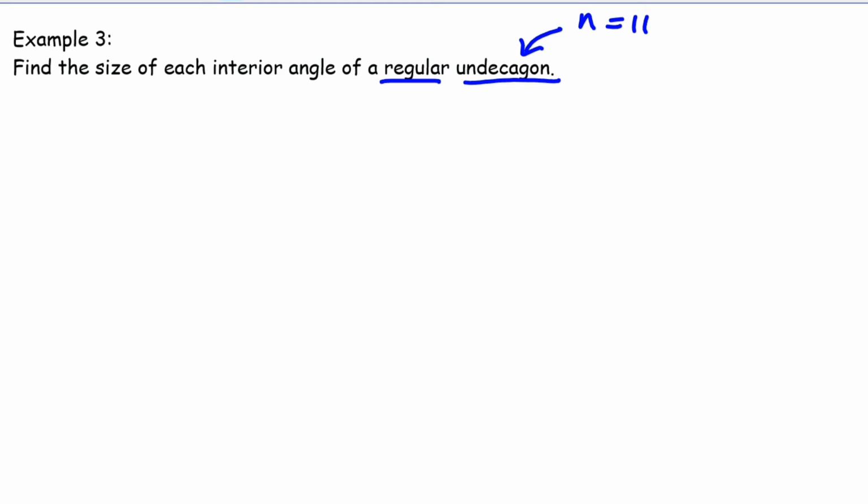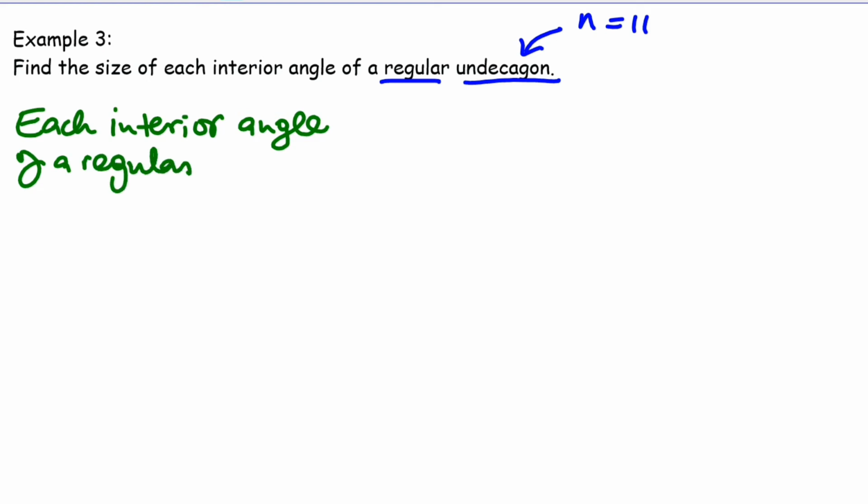Each interior angle of a regular polygon, remember here I'm talking about a regular polygon, okay?